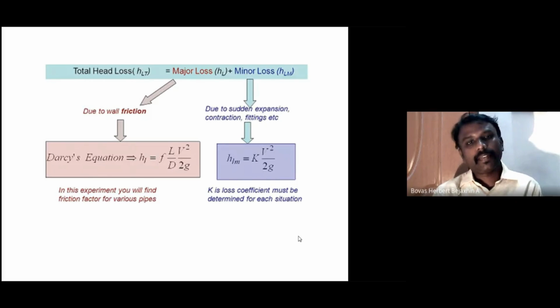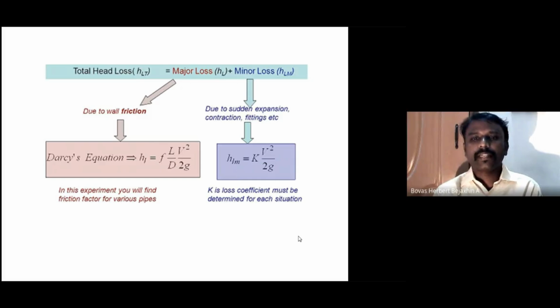Here the total head loss is the summation of major loss and minor loss due to wall friction. So there is this formula, see the slide: f L V square by D into 2g. Here f is the friction factor, L is the length, D is the diameter, and V square by 2g is the velocity head. The friction factor for various pipes we find out by using formulas and by using the Moody diagram.